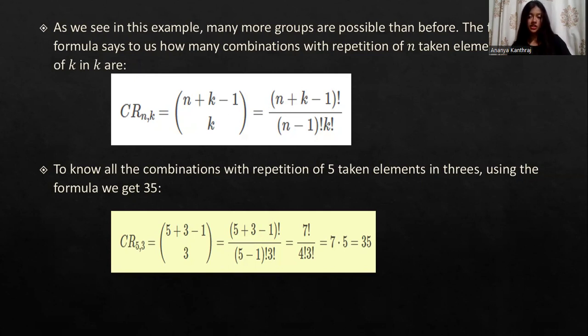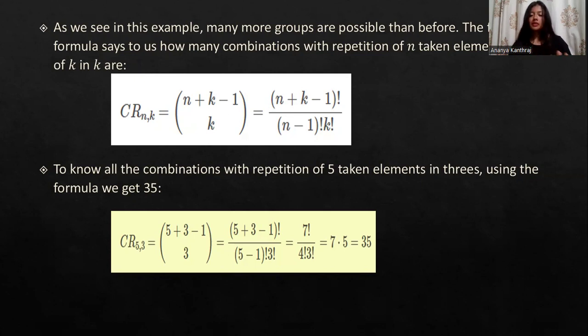So to know all the combinations with repetitions of 5 elements taken in threes, we're going to use the formula. For example, let's take n as 5 and k as 3.